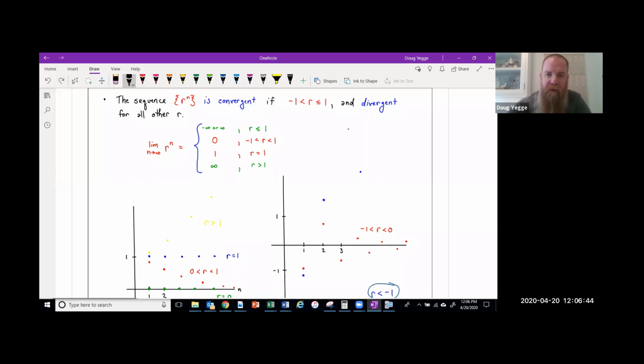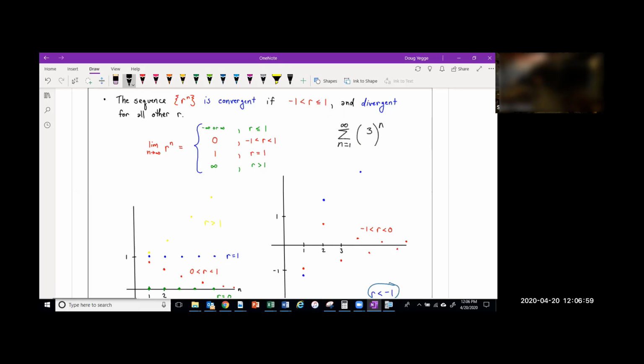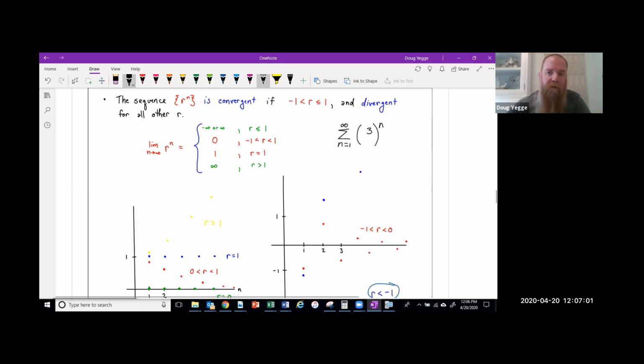So if I were to say the sum from n equals 1 to infinity of 3 to the nth power, does that converge or diverge? Diverge. It diverges because R is greater than 1. But what about this one? Now it converges because R is less than 1. But what about this one?